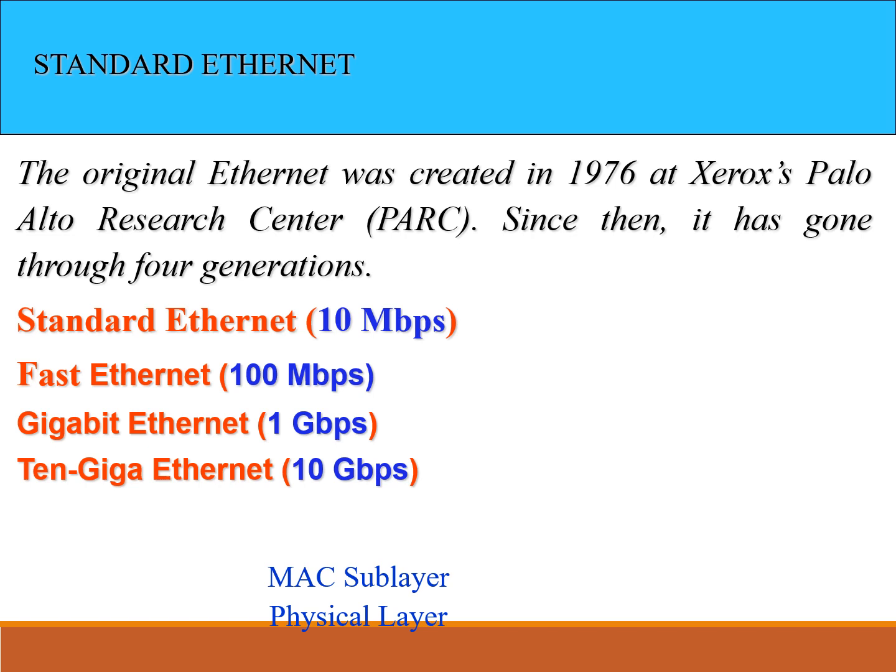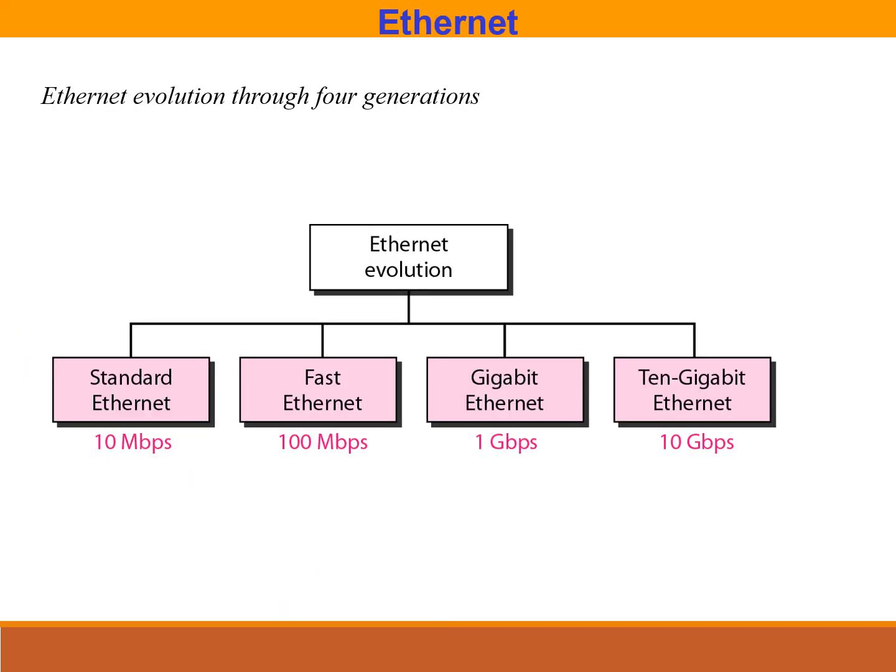In IEEE standard 802.3 we have some generations. The first generation is standard Ethernet, that is 10 Mbps. The second one is fast Ethernet, that is 100 Mbps, the third one is gigabit Ethernet, 1 Gbps, and 10 gigabit Ethernet is 10 Gbps. In this we have a MAC layer and then a physical layer.